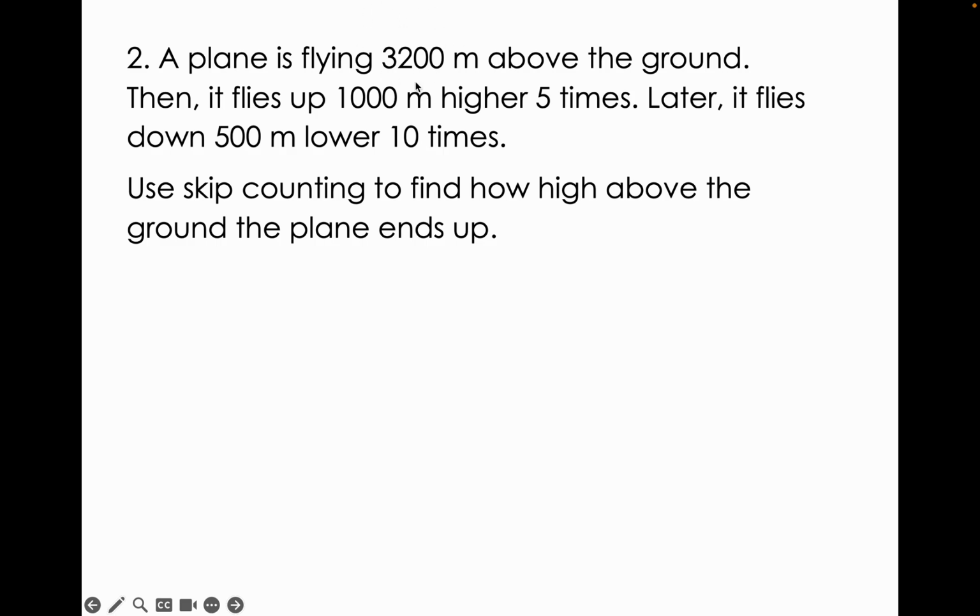I'd rather turn this into 5,000 meters, because 500 meters times 10 is 5,000. So 8,000 minus 5,000 is 3,000. So we're back to where we started, about 3,000 meters in the sky.